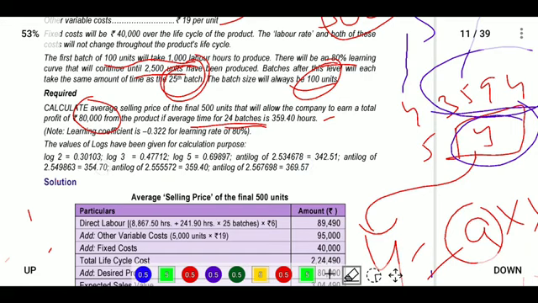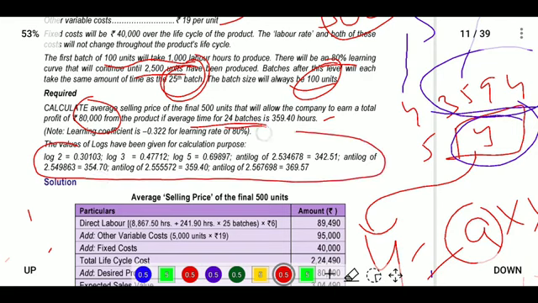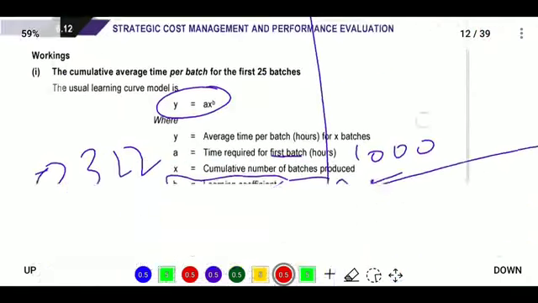In the question they provided only log 2, log 3 and log 5. For log 2, we do not have any relationship with 25. Log 3, we do not have any relationship with 25. Log 5, we do have a relationship: 5 square is 25. So that is why we are taking 5 square.